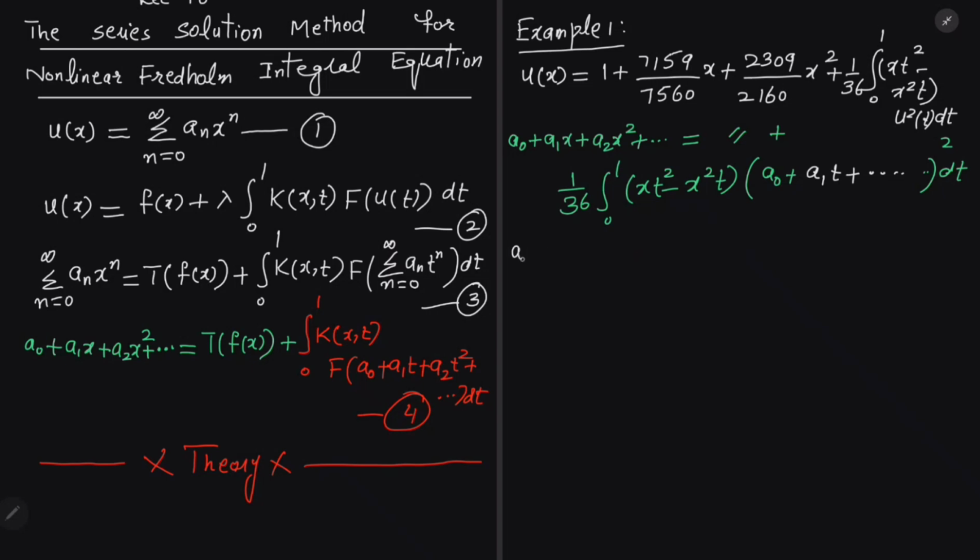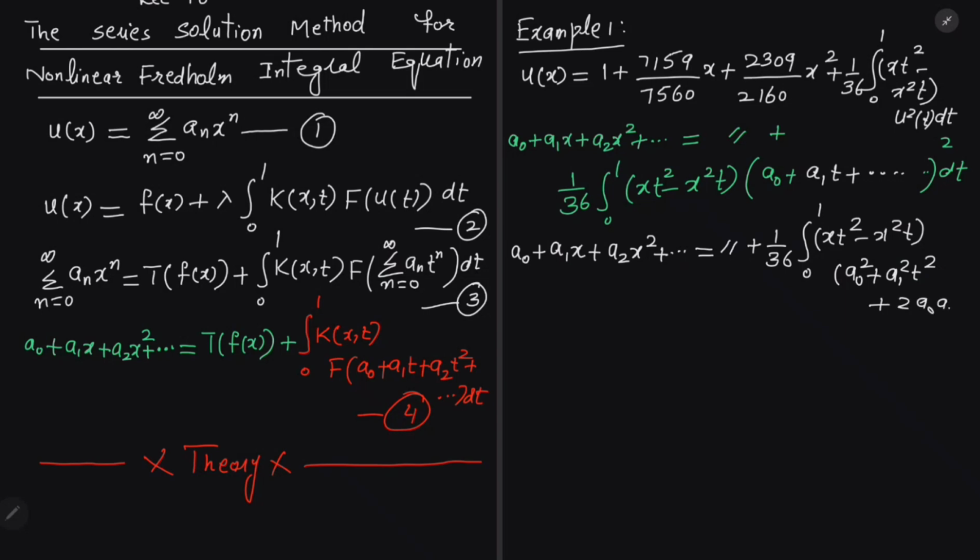On the left hand side, we have a0 plus a1 x plus a2 x square. On the right hand side, these terms remain the same, plus 1 by 36, integral from 0 to 1 of (x t square minus x square t), and there is a0 square, a1 square t square, plus 2 a0 a1 t, and so on, dt.